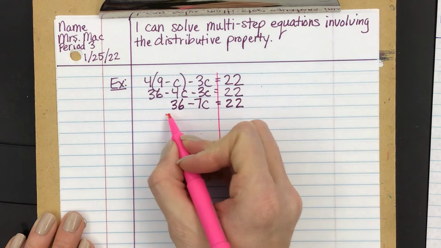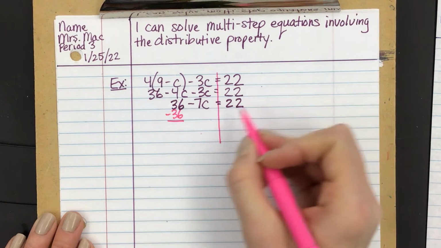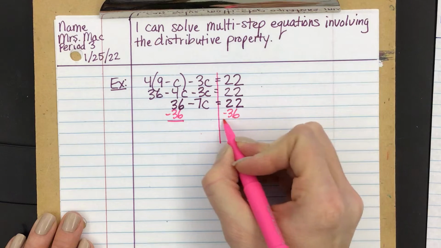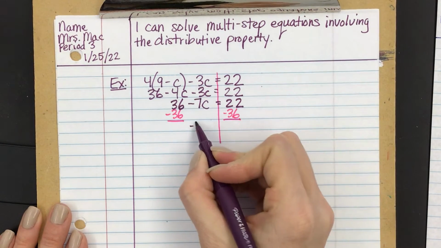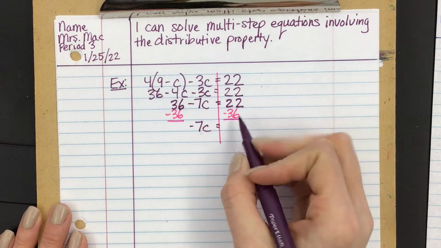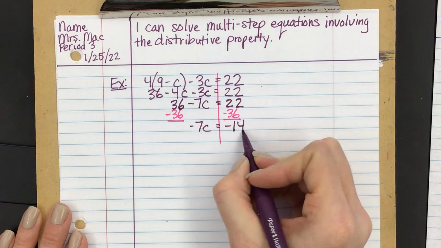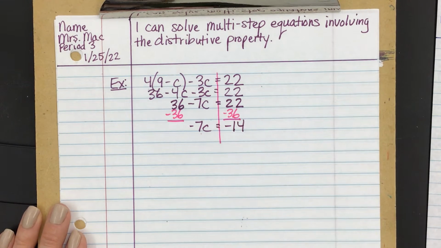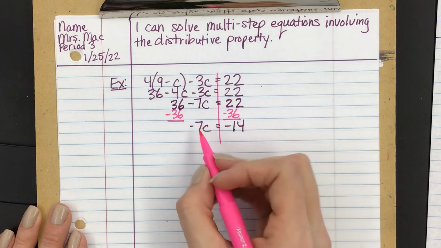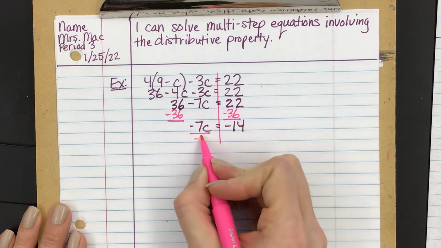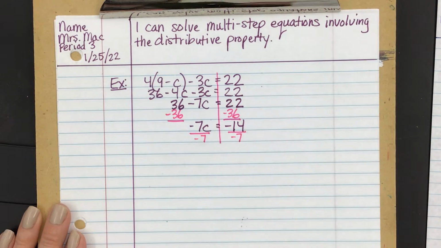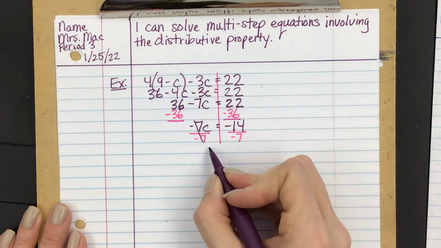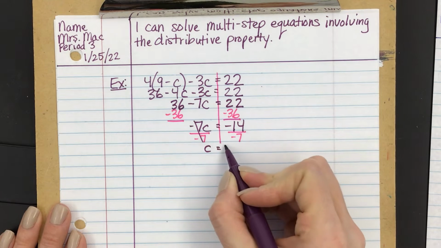I'm going to subtract 36 from both sides. This cancels out, and I'm left with negative 7c is equal to negative 14. I'm going to divide both sides by negative 7. And I'm left with c is equal to 2.